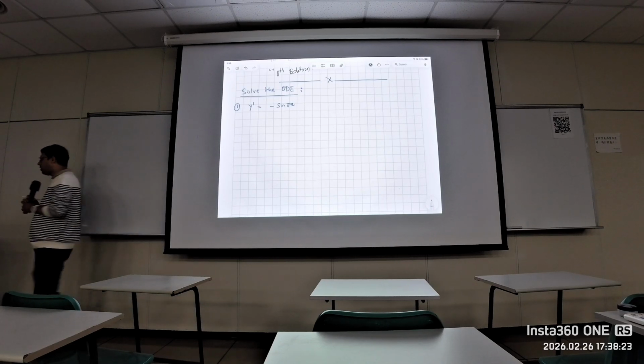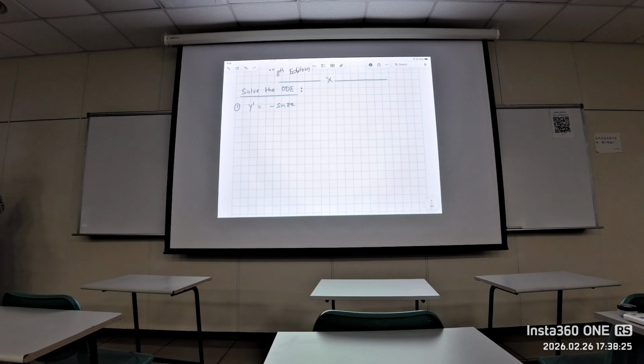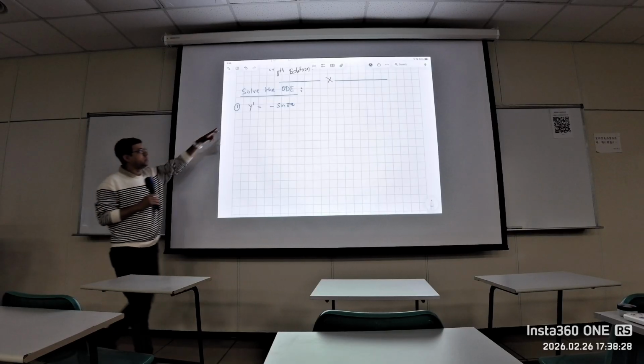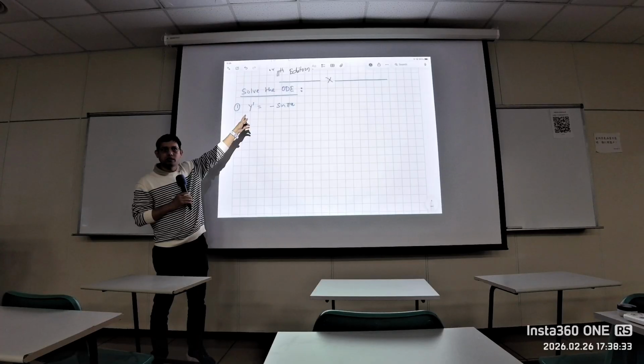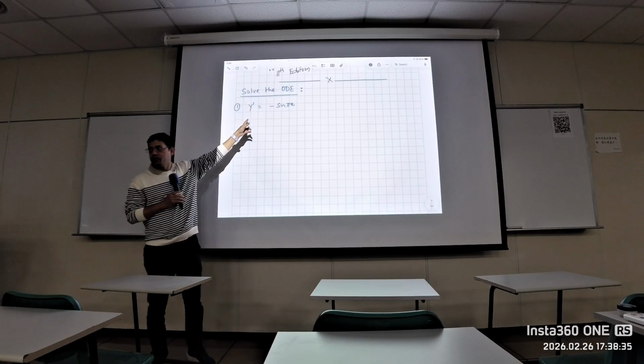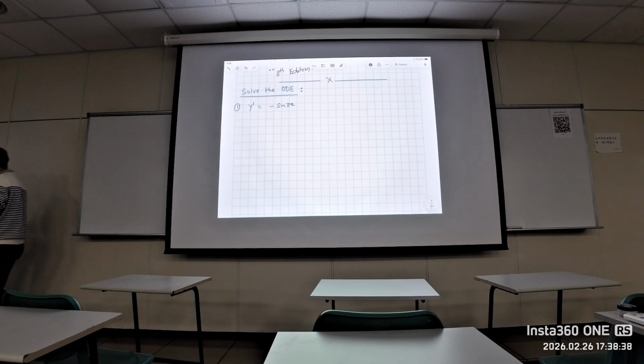Okay. So how to solve this one? I believe some of you have this idea why I have written y dash, right? It's the first derivative of y, right? That means this is dy by dx, right? And here I have minus sine pi x.